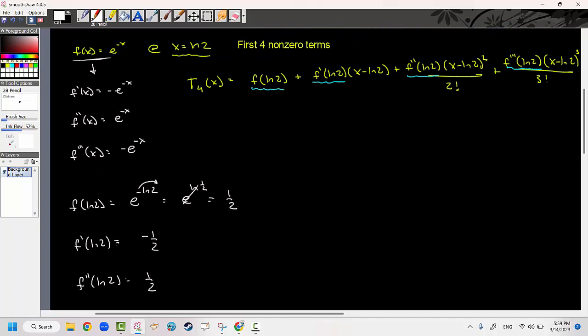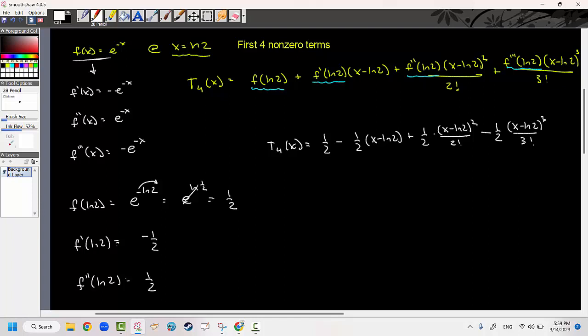And then what we're going to get here is t sub 4 of x being, the first one is going to be 1/2. So 1/2 minus 1/2 times x minus ln2 plus 1/2 times x minus ln2 squared over 2 factorial minus, right, the triple prime, minus 1/2 times x minus ln2 cubed over 3 factorial.